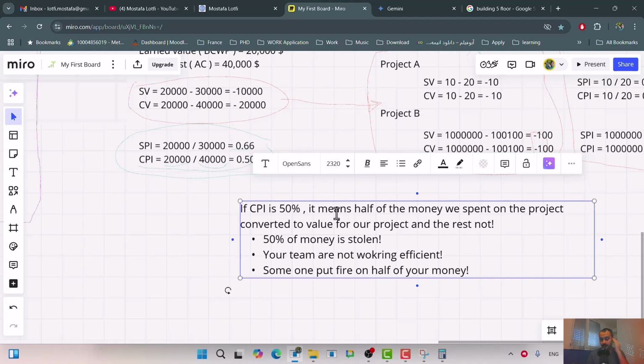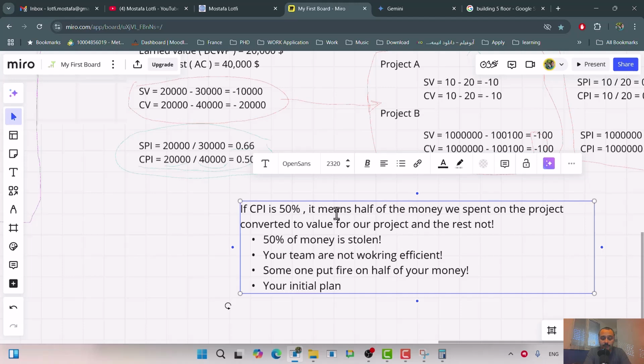But I gave you a very pessimistic case; there is also another reason you can end up having a CPI of 50%, and that reason is your initial plan was wrong. You cannot ignore this fact.